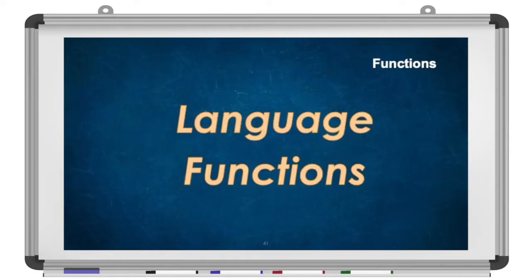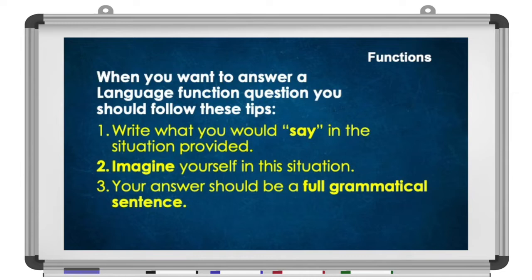Now, language functions. What do you know about language functions? When you want to answer language functions questions, you have to follow these tips. First, write exactly what you would say in that situation.